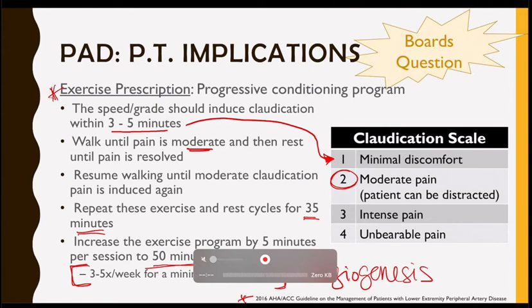The same phenomenon of repeated ischemia causing vascular budding, collateral vessel growth, and angiogenesis actually does occur in the heart as well.